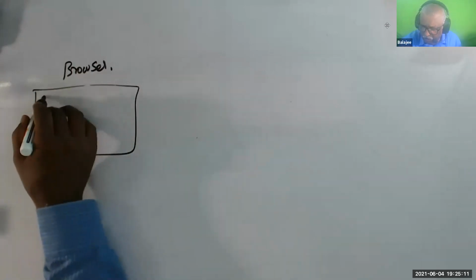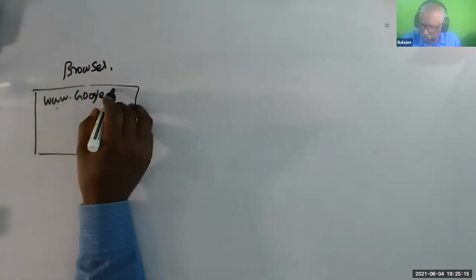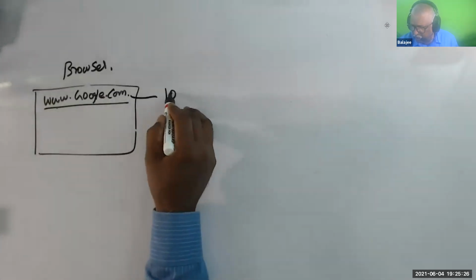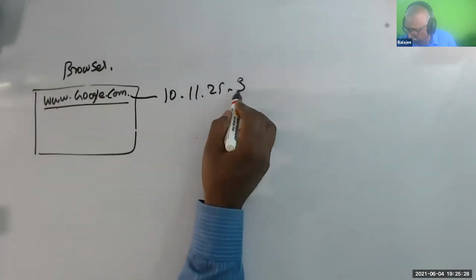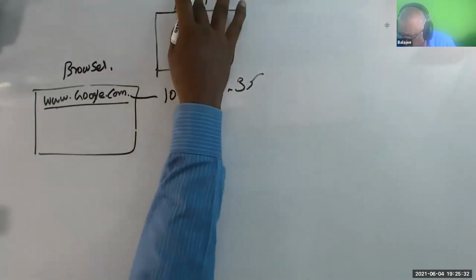The moment I enter www.google.com, I'm connecting to google.com. Now this guy gets the equivalent IP address, which could be 10.11.25.35. I told you there's a table called DNS. I'll tell you how we are accessing the DNS.